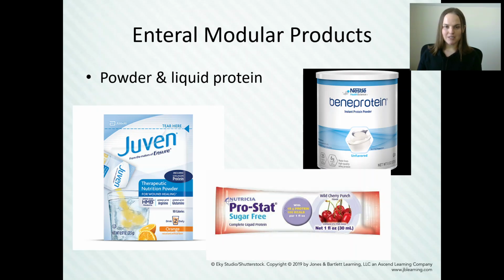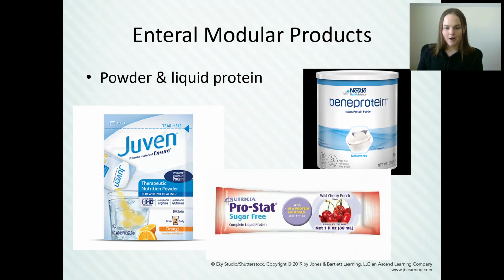If your patient is just on the medical floor and they are not as used to feeding tubes, these protein modulars might be a little bit more challenging for them to use. So if you write an order that says provide 1 packet of binaprotein 6 times a day, the nursing staff is probably going to be a little bit annoyed. That's a lot of work for them. And it also increases the likelihood of a tube being clogged.